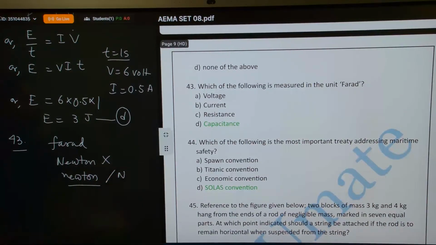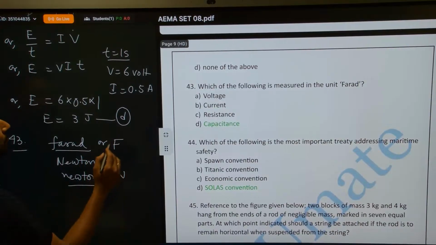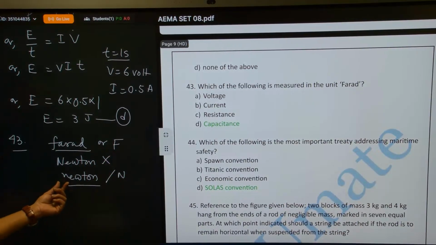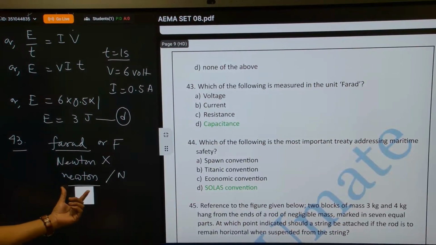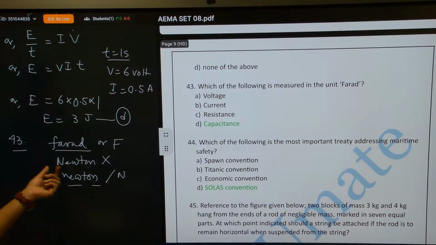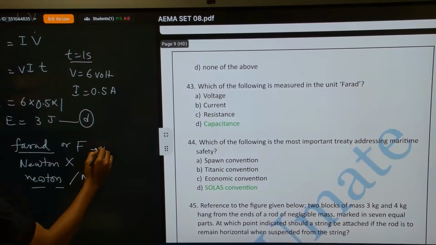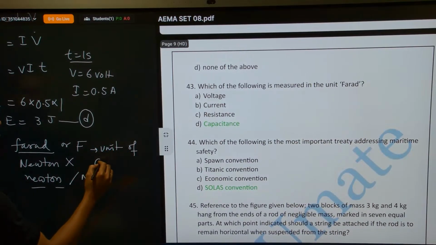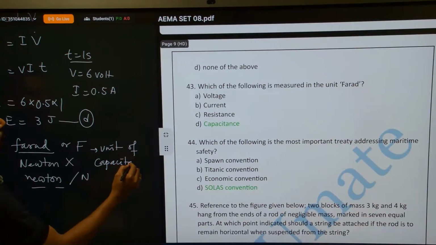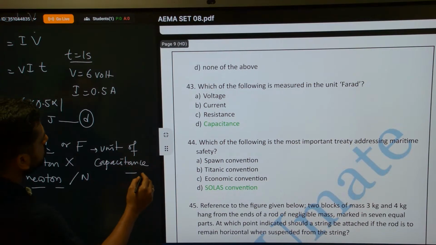So either write farad in small letters or capital F. Because NEWTON would indicate the man Newton himself, but this indicates the unit. So if a unit is named after a scientist, never write the whole name starting with a capital letter. So farad is the unit of capacitance. Option D.